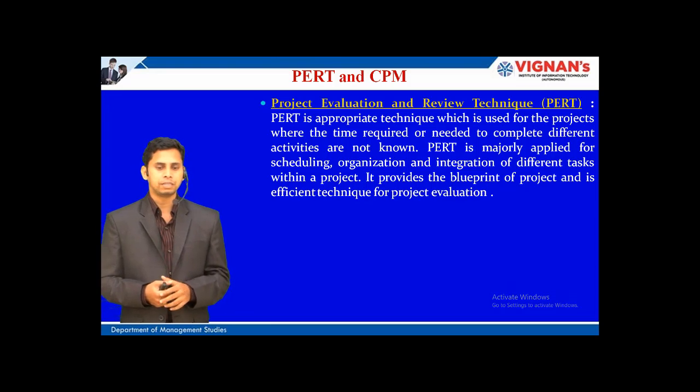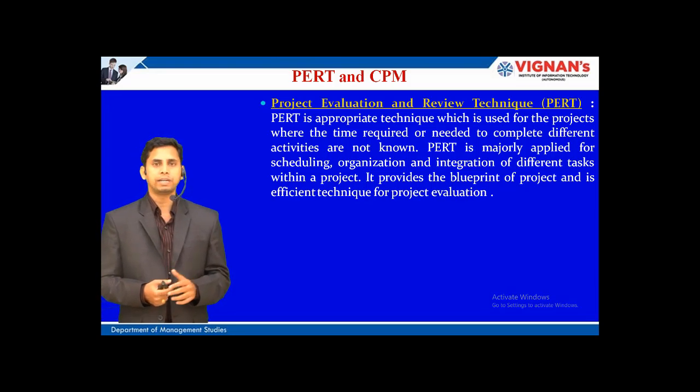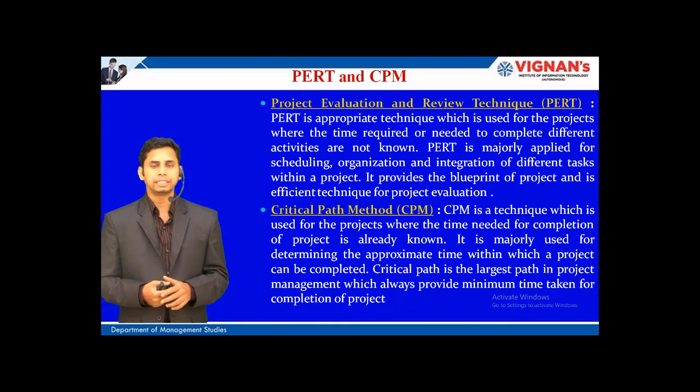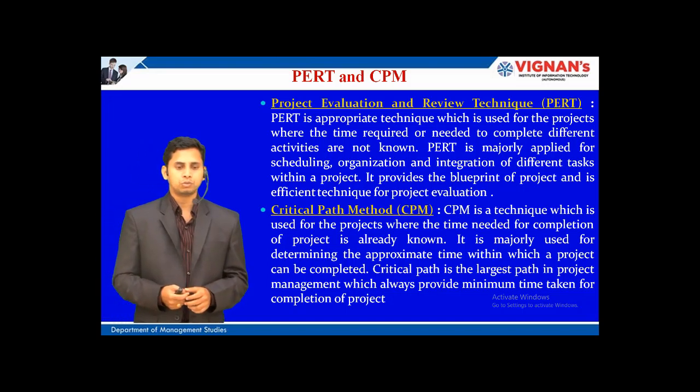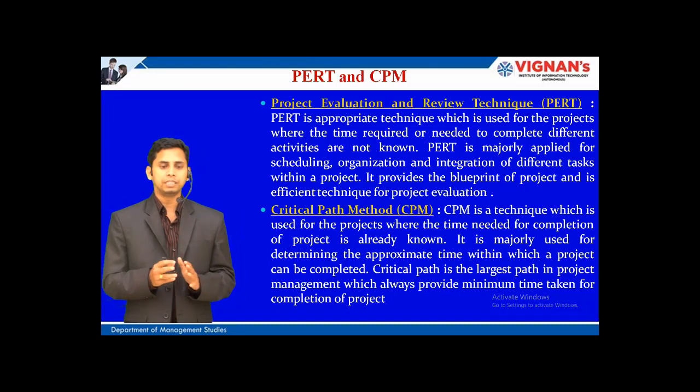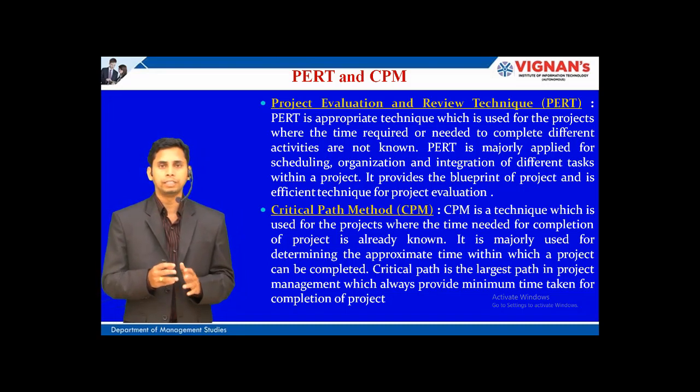PERT is majorly applied for scheduling, organization, and integration of different tasks within a project, and it provides a blueprint of a project and is an efficient technique for project evaluation. Now, what is CPM? CPM is a technique used for projects where the time needed to complete the project is already known.